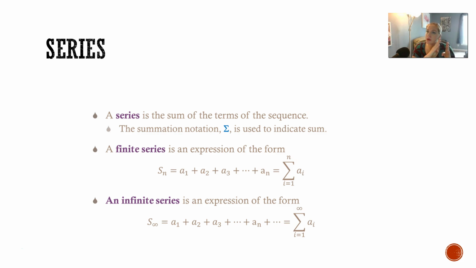What we're going to do is figure out each one of those terms, calculate each one using the formula, and then add them all together. Now it's going to have a different format, so we're going to use that summation notation.